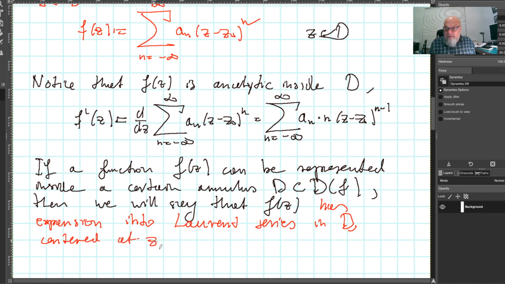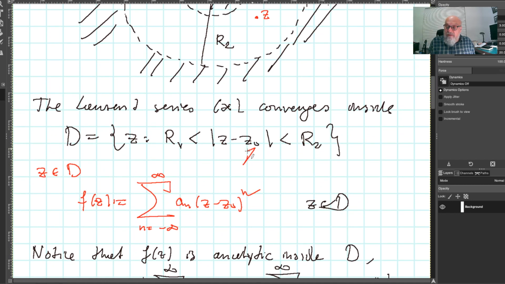So this is the z0. So let me point out, that's the z0, and this is the annulus.